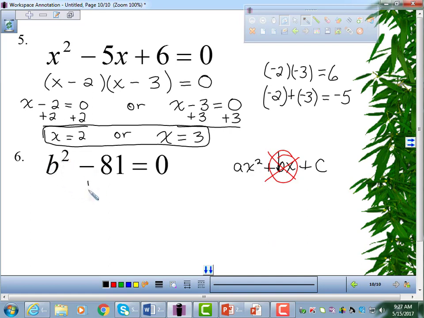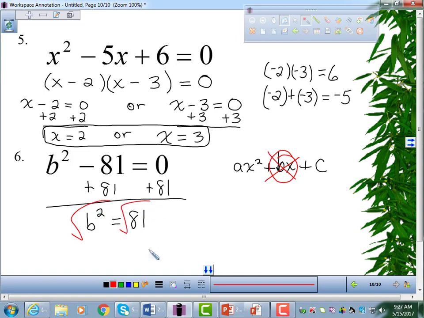So we're going to add 81. Then you're going to take the square root of both sides, and when you do, you get two answers, the plus and the minus. So we will have b is equal to a positive and a negative 9.